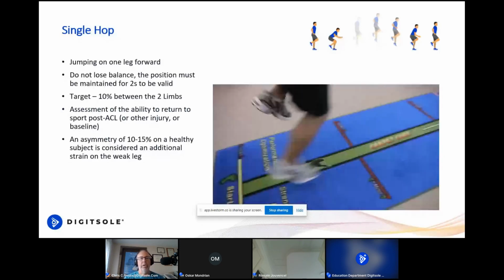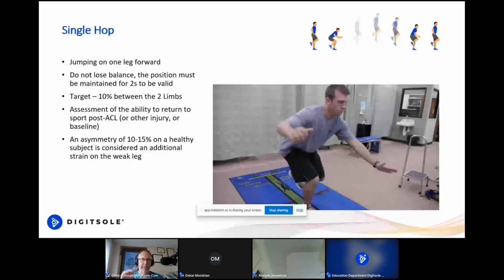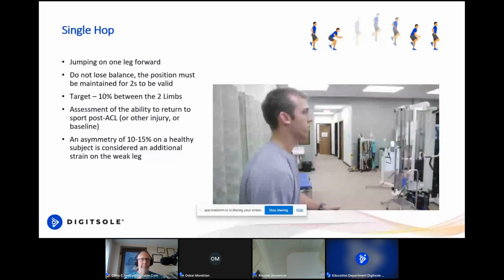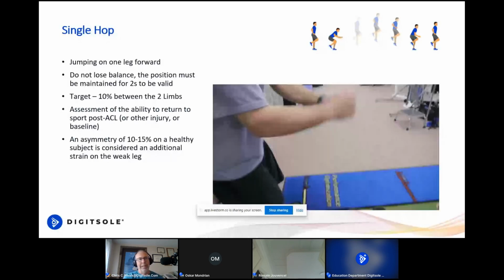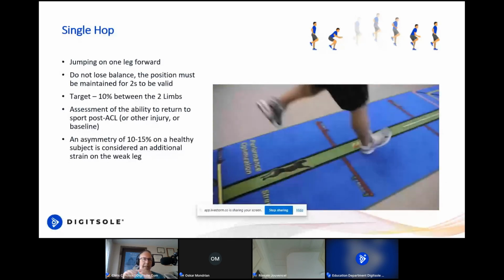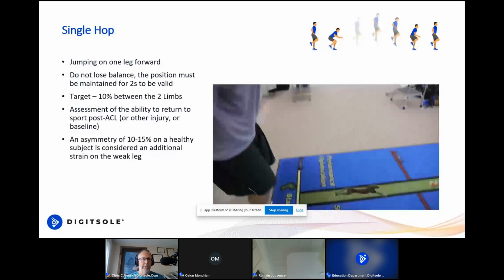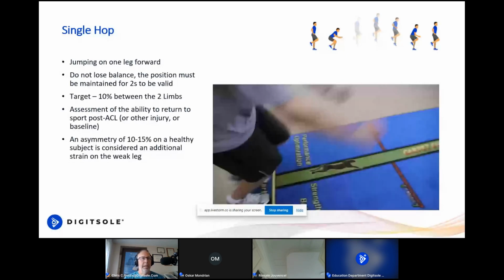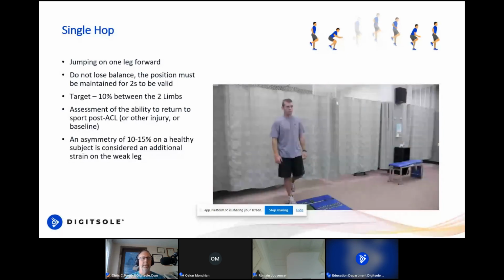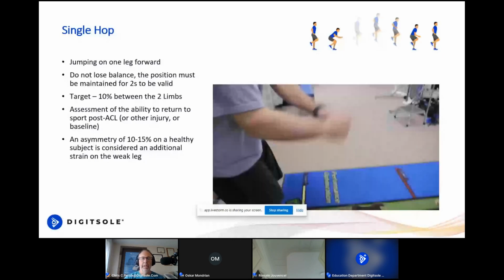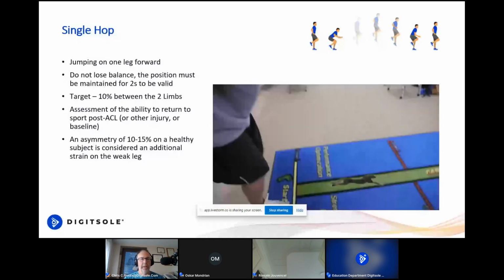Same thing, the target is going to be a 10% difference between the two legs, means that that's a bad score. If they're within that 10%, it means that it's a good score. And that's one of the criteria that we use in lower extremity indices to determine whether or not they're going to be eligible for return to play.